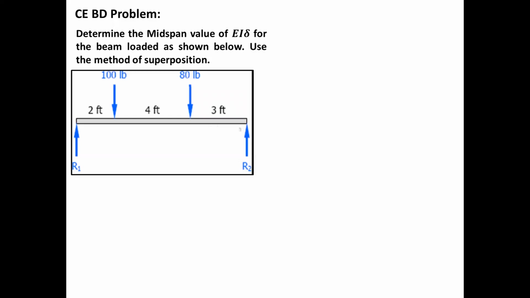Now, in this case, may dalawang concentrated load tayo. The 100 pounds and 80 pounds. If I will let you choose among those cases, what do you think is the case na applicable dito? Natatandaan niyo pa ba yung mga figures?